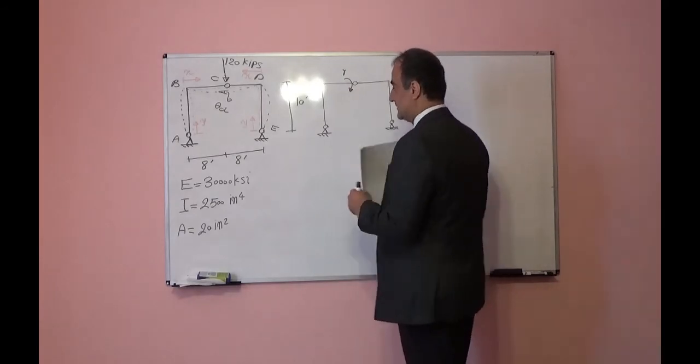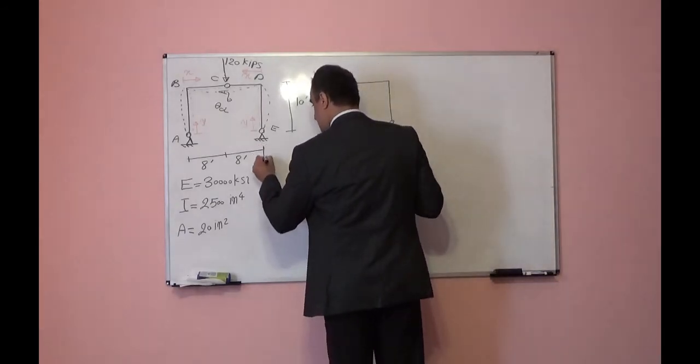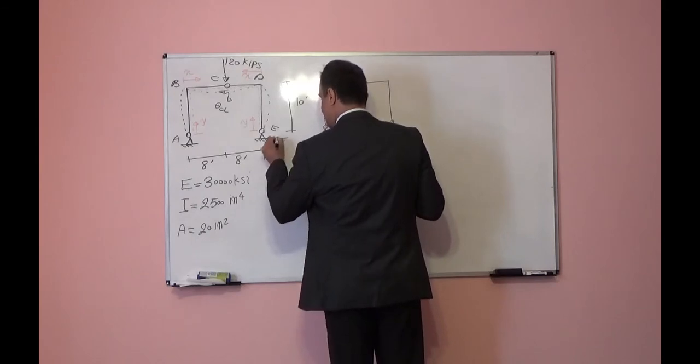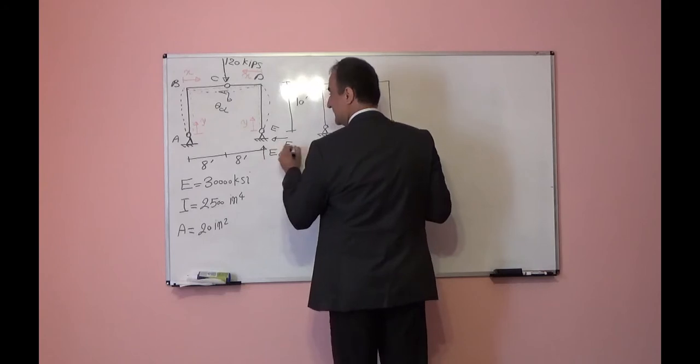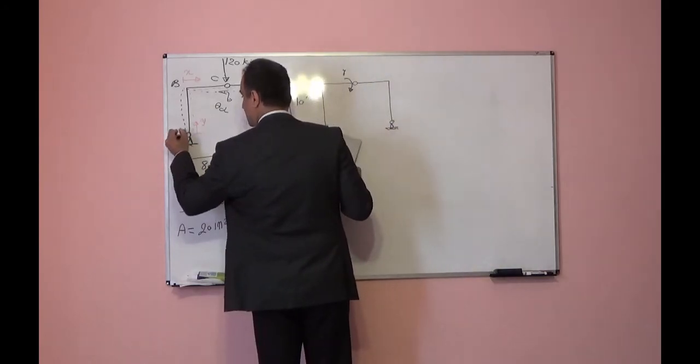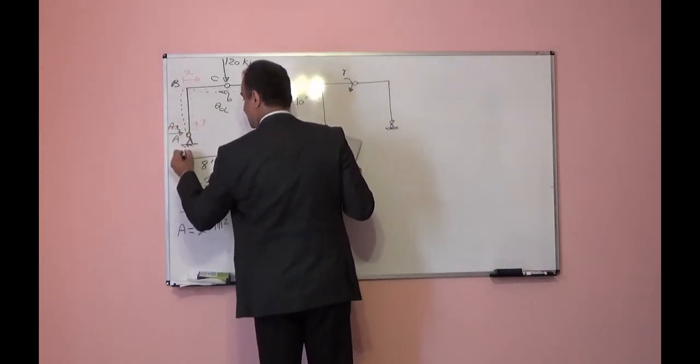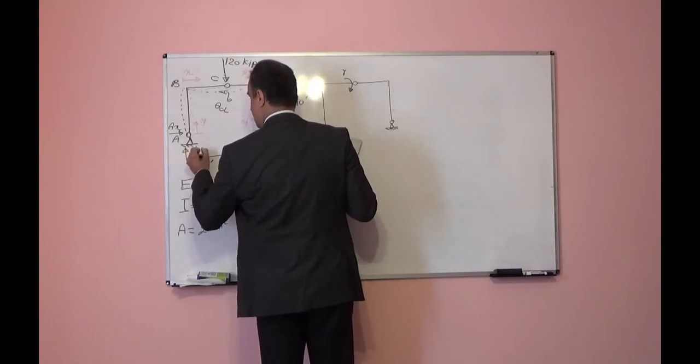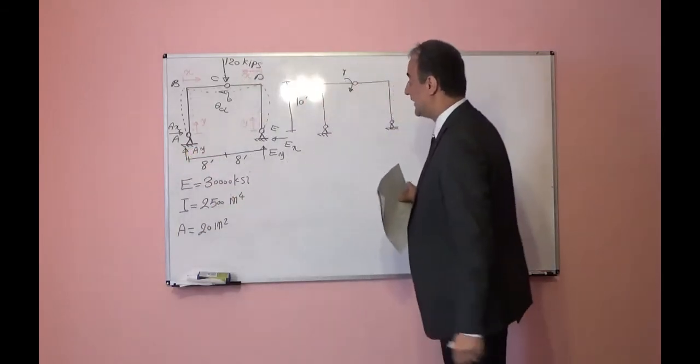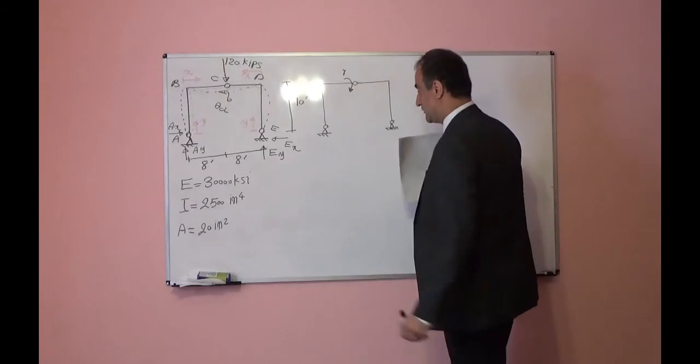Let's see what is, for example, Ey here, or what is Ex, what is Ax, what is Ay. I can find these using equilibrium equations.